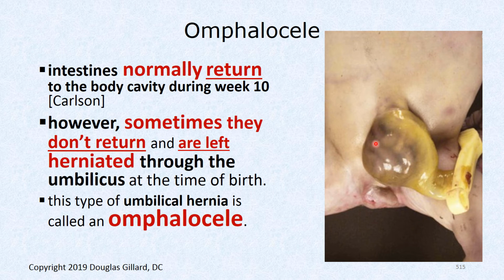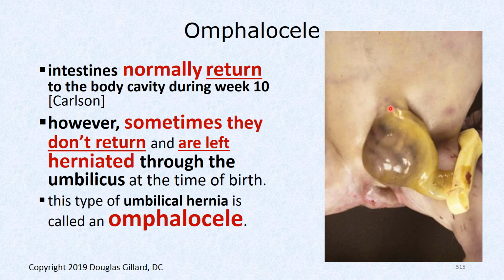The key is it's got some membranes. It's got amnion and parietal peritoneum over the top of it. But normally the intestines about week 10 go back in. So if this was a little 10-week-old embryo or fetus, this might be normal.